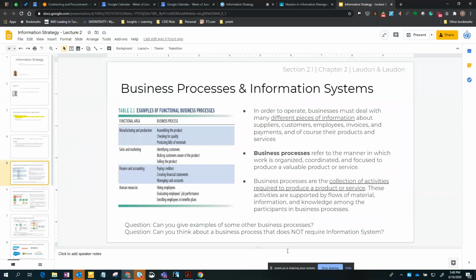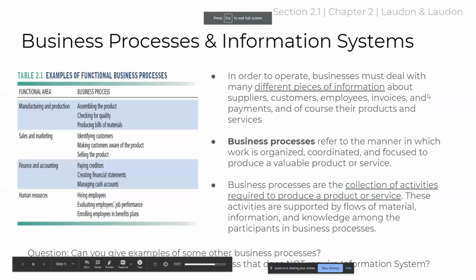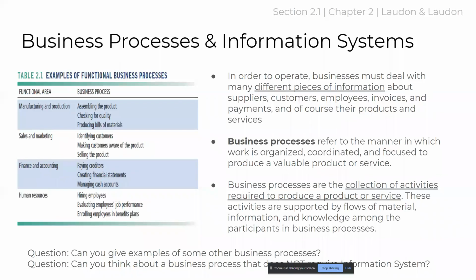What I want to share a little bit more about is this concept of a business process. Information systems don't exist on their own. It's not like, I have a business and I will just have whatever information systems I need. Information systems are always there to support, make more efficient, or enhance a business process.